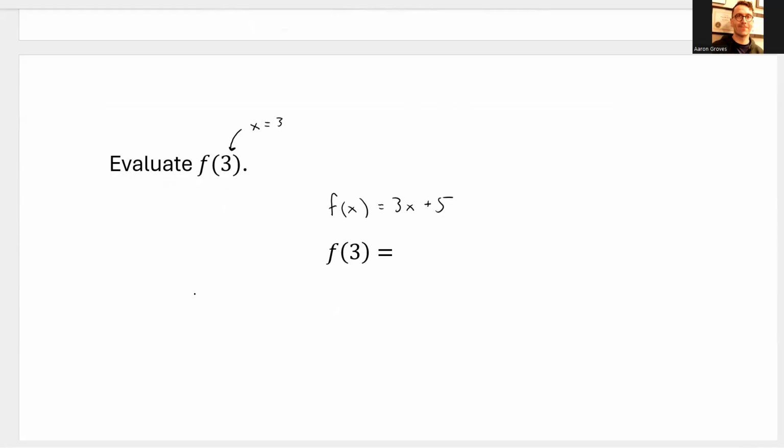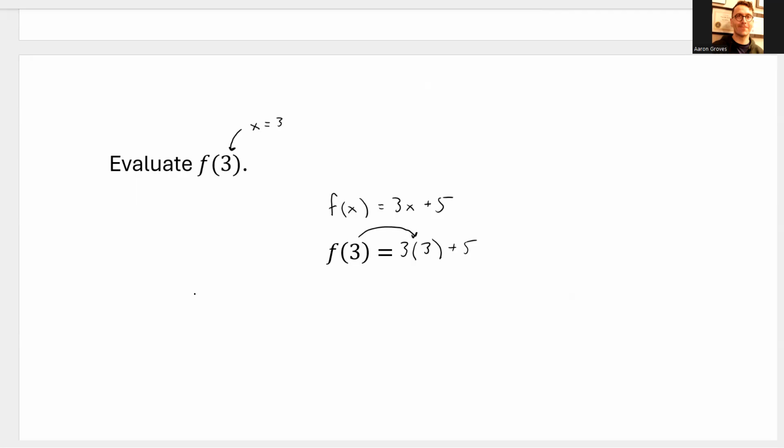And we're going to plug that x value wherever there was an x in the original function. So I'm going to have 3 times 3, plugging in that value of 3 into the parentheses, and then add 5. So go ahead and simplify this.